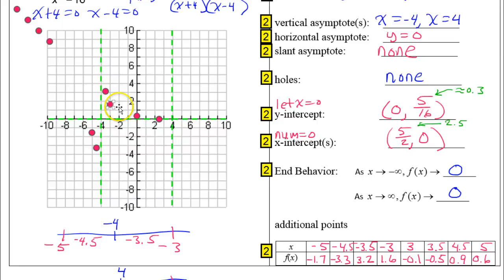Uh-oh. Okay. Let's see, positive 3 is at negative 0.1. Okay, so positive 3 is just about here.